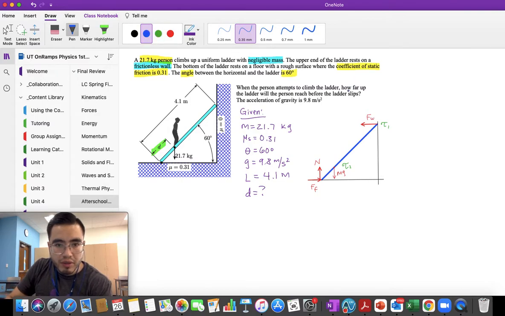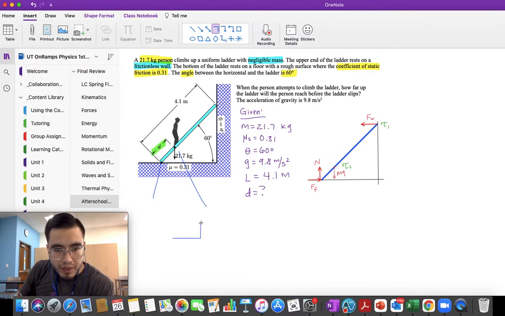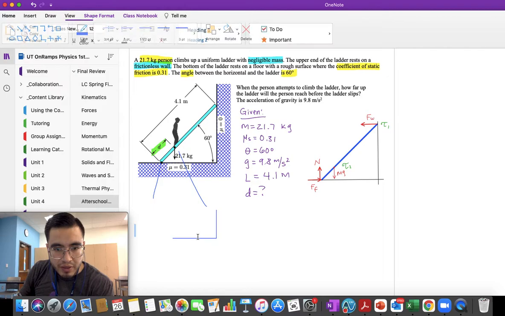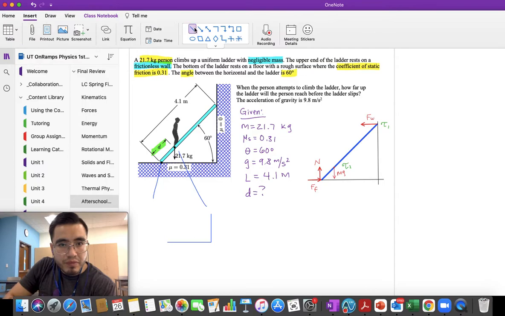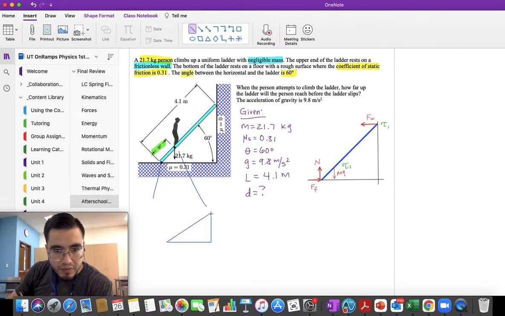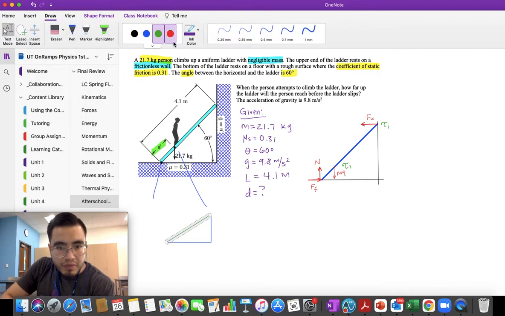So then we get blue. So it'll be this part. Let's try it again. Just draw a triangle. Now I'm going to exaggerate the size so you can see what I'm doing. I'm going to change the color of this to green so that you can see this is the distance d.